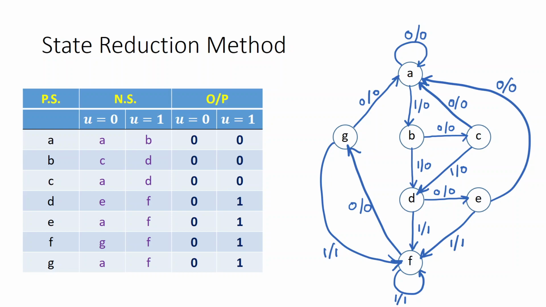Now you observe which of the states are duplicate states. So to identify duplicate states, what we have to do? We have to see that the next state and the output combination is same. The next state and the output combination is same.